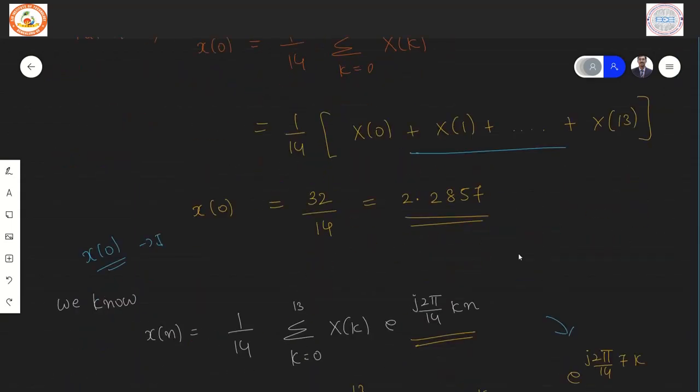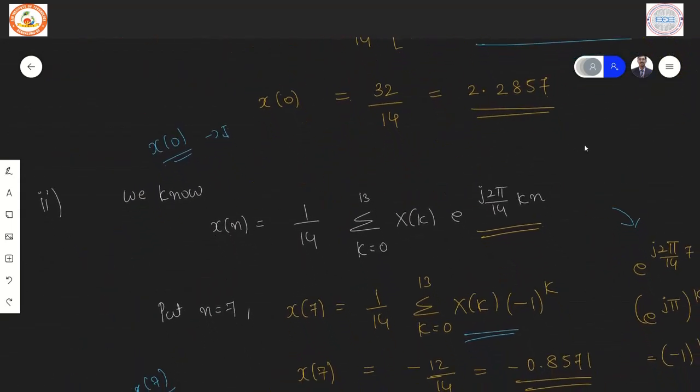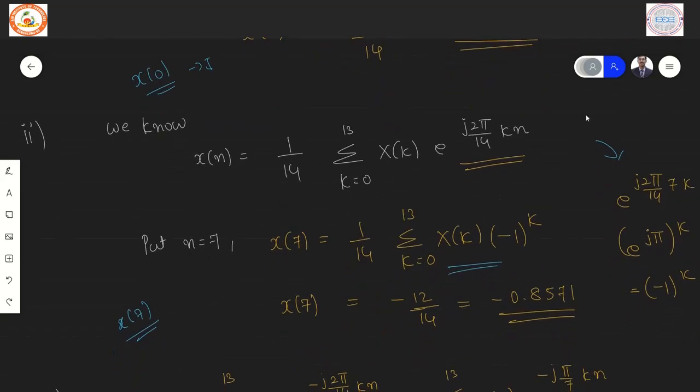The second part of the problem, we are asked to compute the answer for x[7]. We follow a similar approach. We take the IDFT equation once again, and in this IDFT equation, we substitute capital N equal to 14 and small n equal to 7. The resultant equation after simplification becomes 1/14 times the summation for k = 0 to 13 of X[k] times (-1)^k.